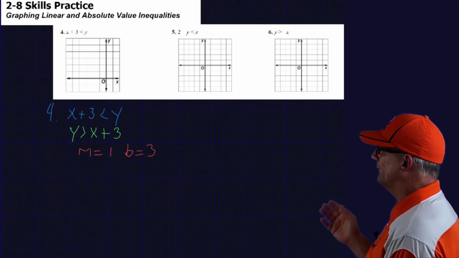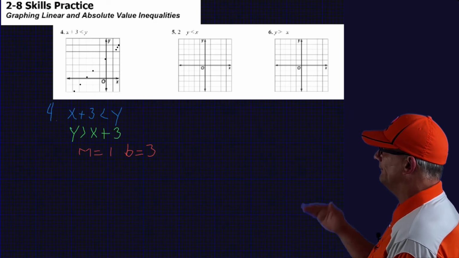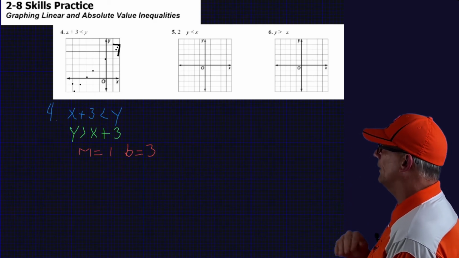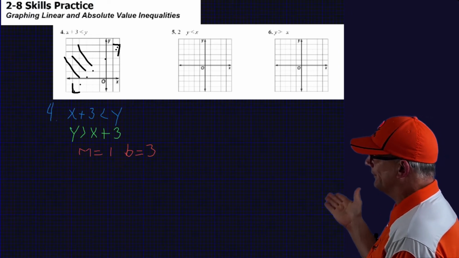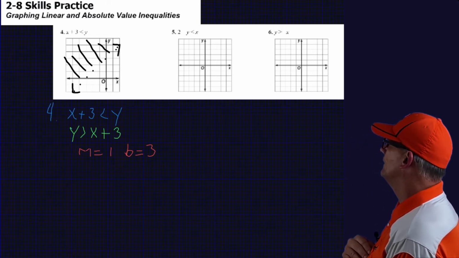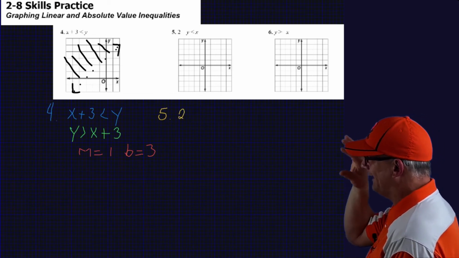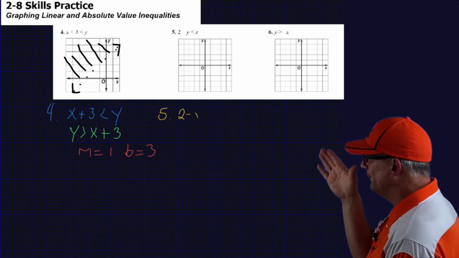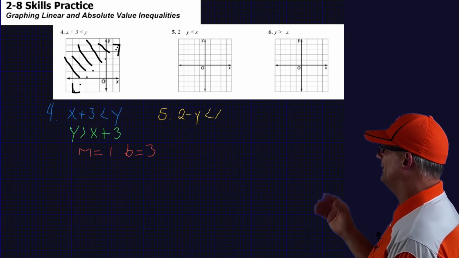So we're going to put a dot at 3. We're going to go up 1 and over 1. Now we have our 2 points. Is it dashed or solid? Well, you don't see a line, so don't draw a line. It's dashed. It is greater than, so we're going to shade above. And there you have it. Every coordinate in that shaded region will be a solution that makes that inequality true, and there's an infinite number of solutions.